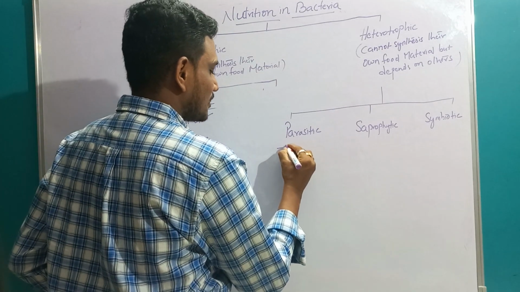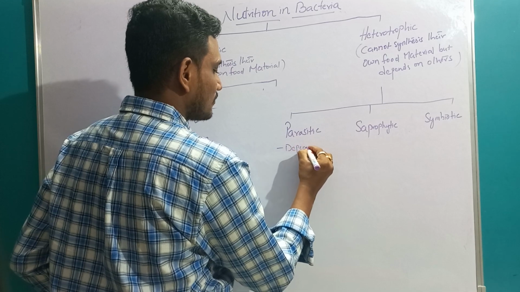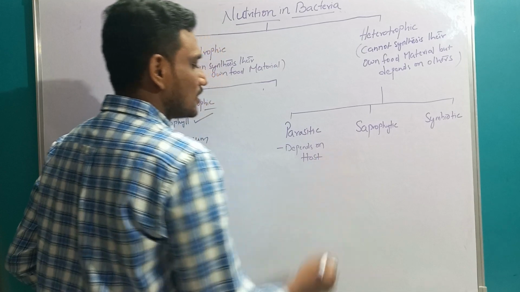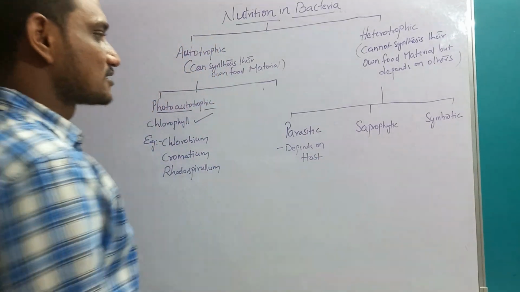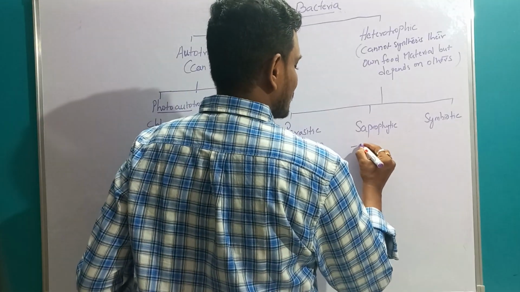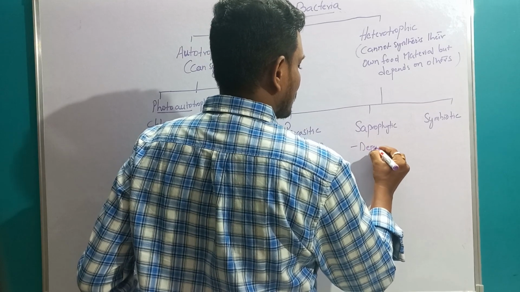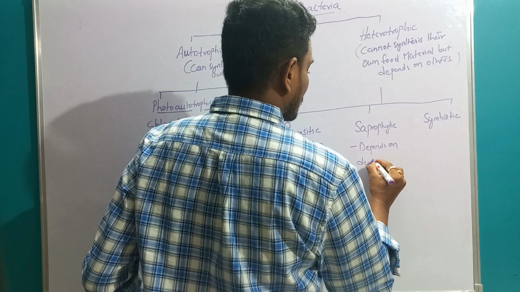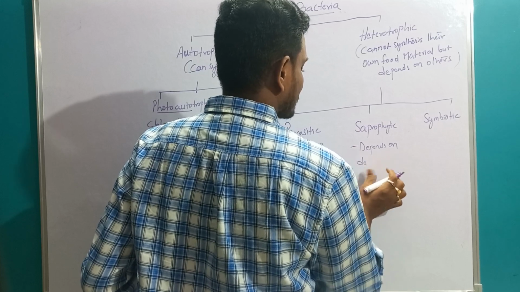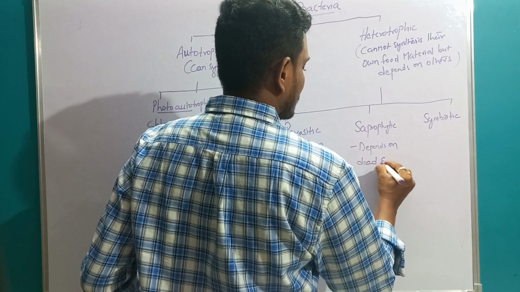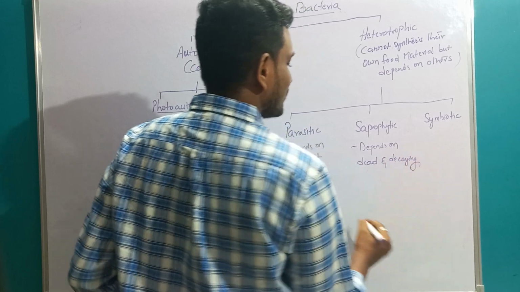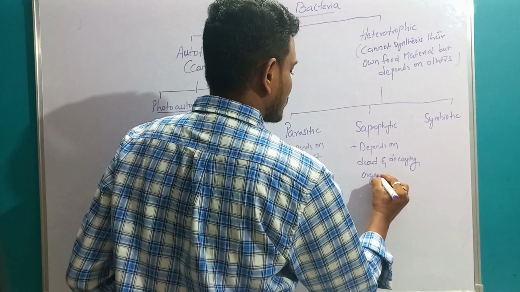Parasitic means depends on host. Saprophytic means depends on dead and decaying organisms.